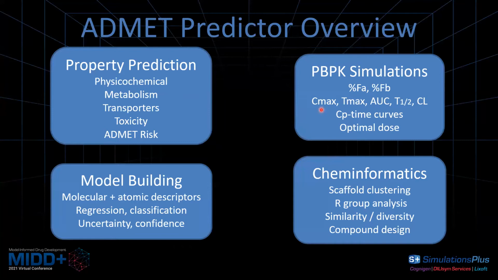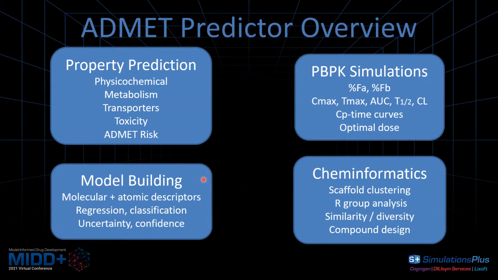You can generate concentration time profiles and estimate the dose required to achieve a target plasma concentration at steady state. We have made a number of improvements to this module in the past year as part of an ongoing collaboration with a large pharma partner, and we will discuss that in more detail at a separate talk about 1 hour from now.